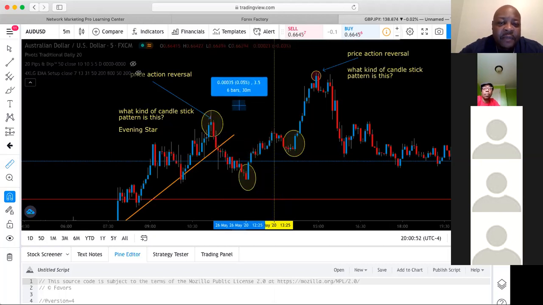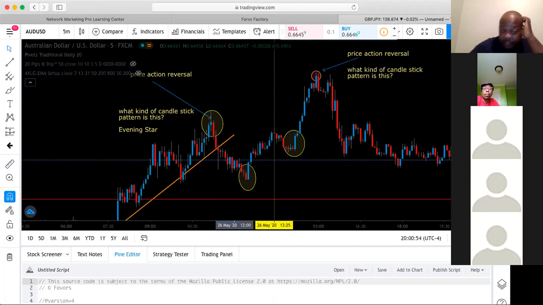But if you're not an experienced trader, don't trade against the trend. All right? What you're doing is identifying this candlestick pattern so that you can tell that a retracement or a price reversal is getting ready to happen, and you know it's getting ready to come down. That means you're looking for your next setup for the buy.